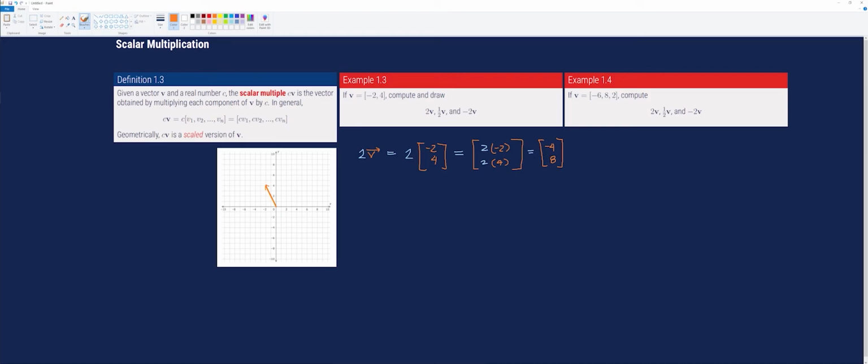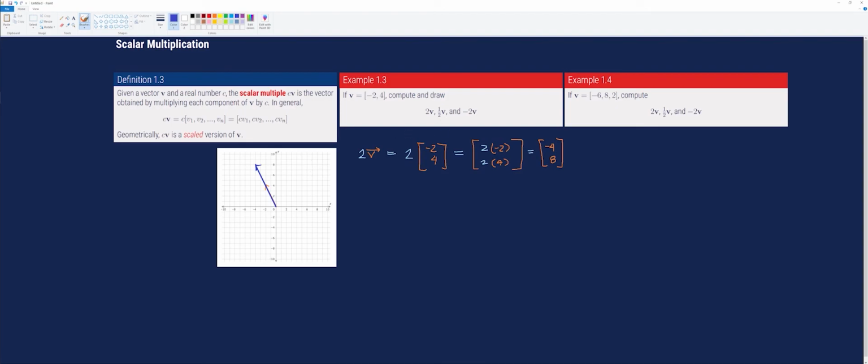So -4, 8 is somewhere here. We use another color, from the origin to this point here, and draw an arrowhead. So notice that the vector was scaled up, and it was scaled by a factor of 2.